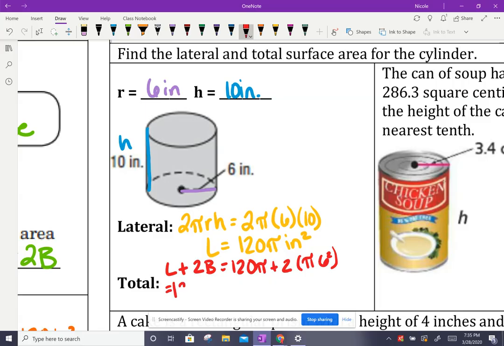When I simplify this, I've got 120 pi plus 6 squared is 36, 36 times 2 is 72 pi. Combine like terms, leave it in terms of pi, and we get 192 pi inches squared. Now, if I ask you to round to the nearest tenth, type it into the calculator, find out what it is when you multiply pi in, and then round to the nearest tenth.